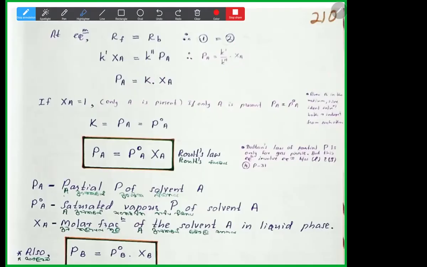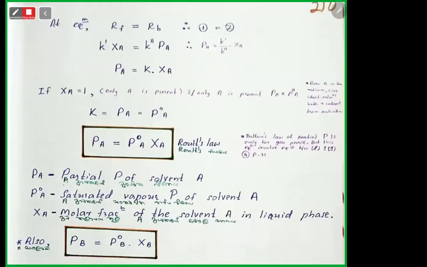Then I can write this PA equals P naught A, which also equals K. Because this is 1, PA equals K equals P naught A. So K equals P naught A. So instead of K here, I'm writing P naught A to derive this little equation.